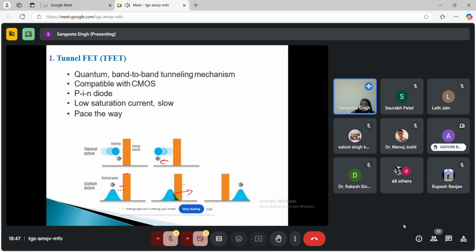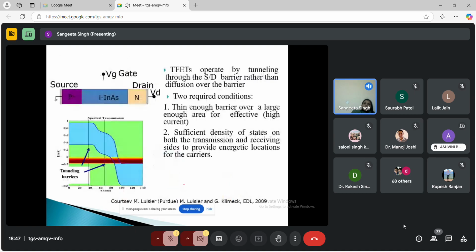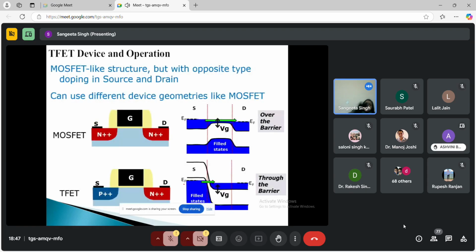Although the energy of this electron wave is lower than the energy of the potential barrier, still it will manage to get transmitted. And this tunneling mechanism is used to make a MOSFET, and it is called tunnel FET, TFET.